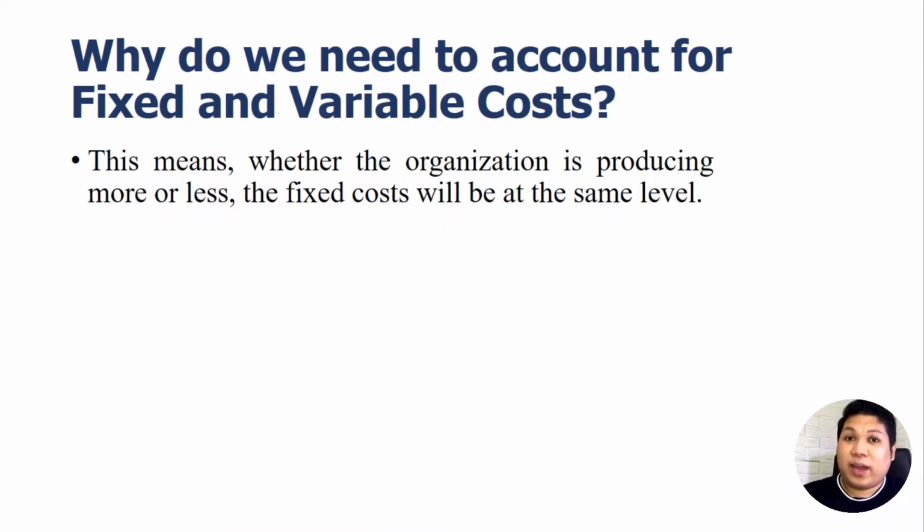And this is where managers are more interested because fixed cost is a crucial amount that they need to recover. Let's put it this way. Variable cost, you will incur more if you will produce more. That also means that if you will not produce anything, you will not incur variable costs, right? But fixed costs are always there. It's constant.